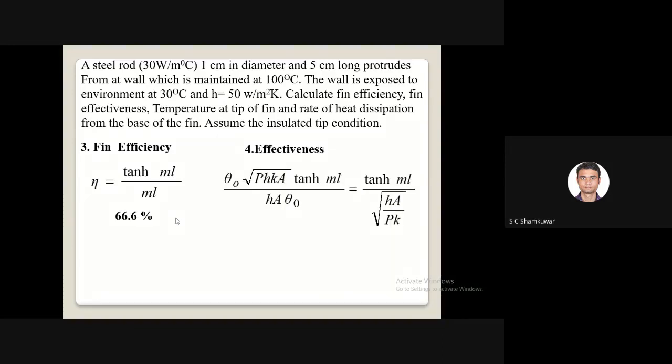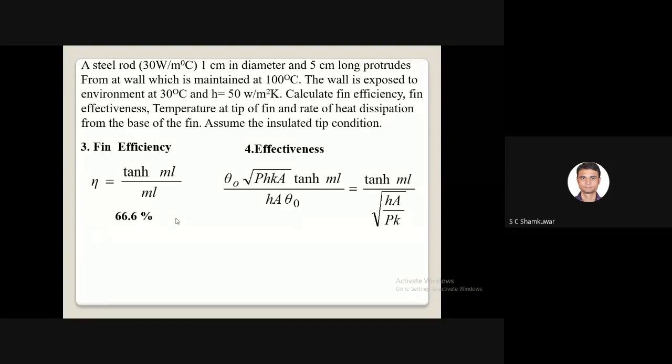Very good. Now effectiveness. Tell me effectiveness. Nikhil Ahire, are you there?